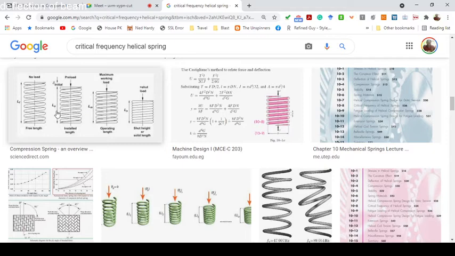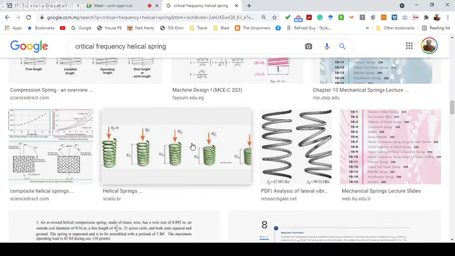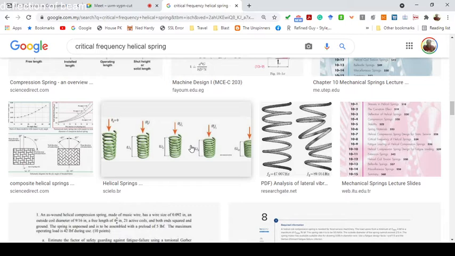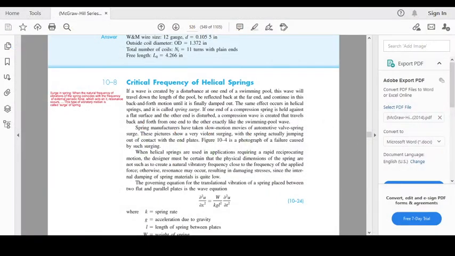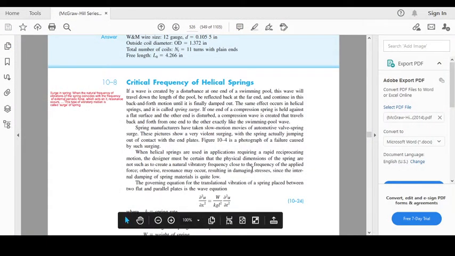Whatever is bouncing, the principle is like a spring. So why is it critical for us to know about the critical frequency of a spring?